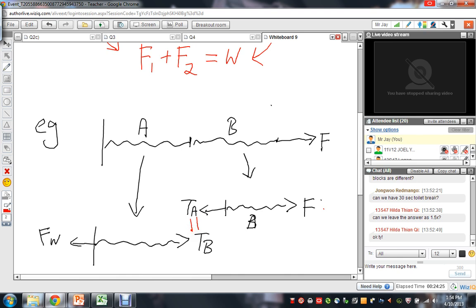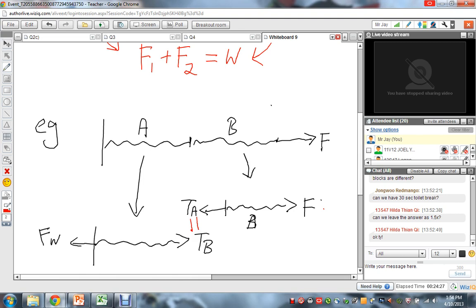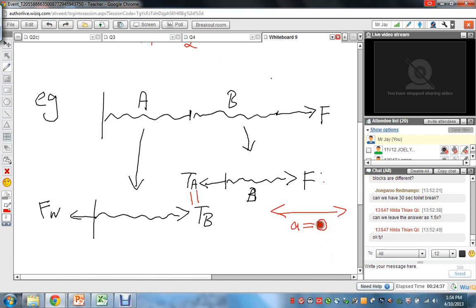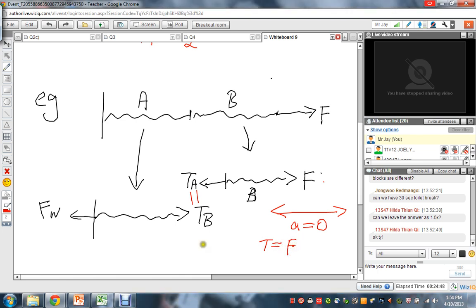So if TA equals TB, and spring B doesn't accelerate to the left or to the right, then T must be equal to F. If T must be equal to F, then TB must be equal to F. So spring A also experiences force F.